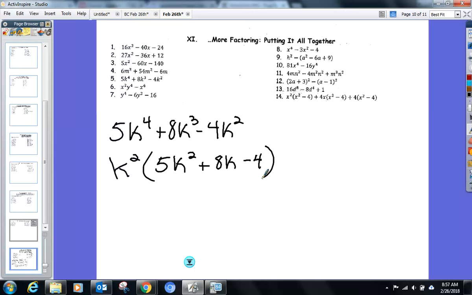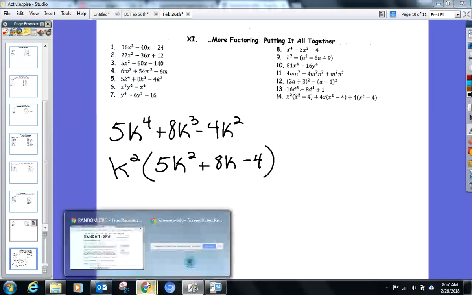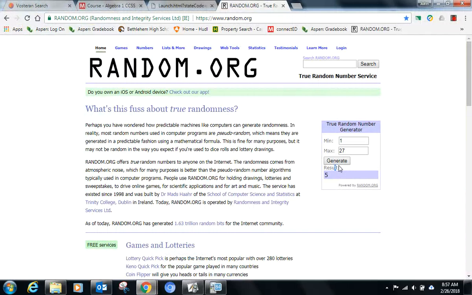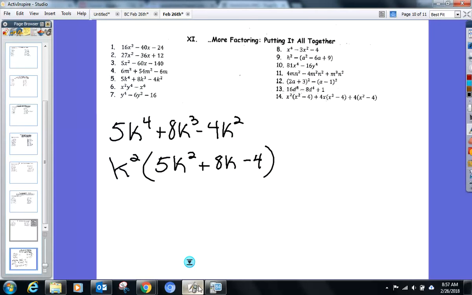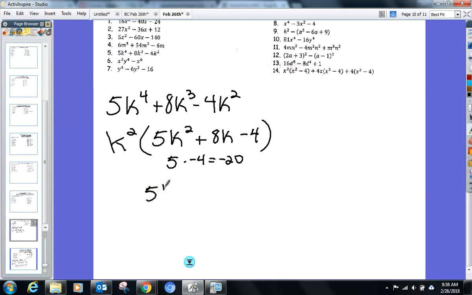All right, now we're focused on the trinomial here, the 3 terms inside the parenthesis. First thing I have to do if I'm going to group it. 5 multiply what? Okay, so 5 times -4 gives me -20. Now you guys are doing 5k squared something something minus 4.